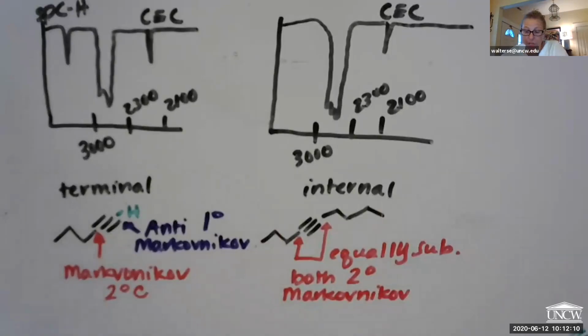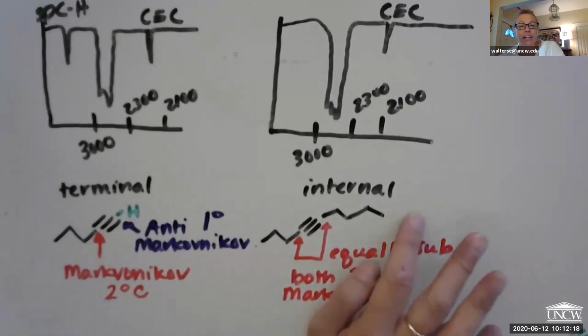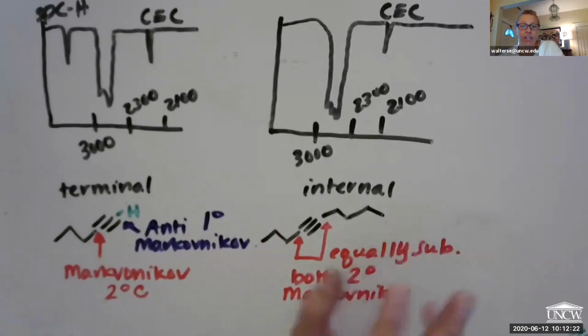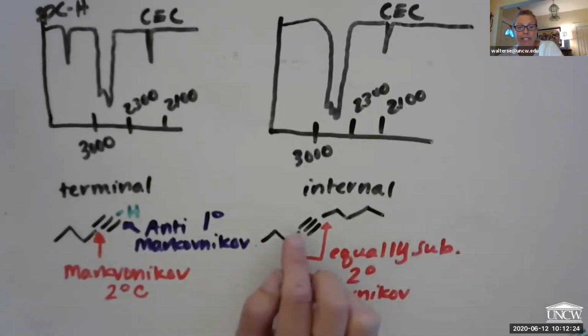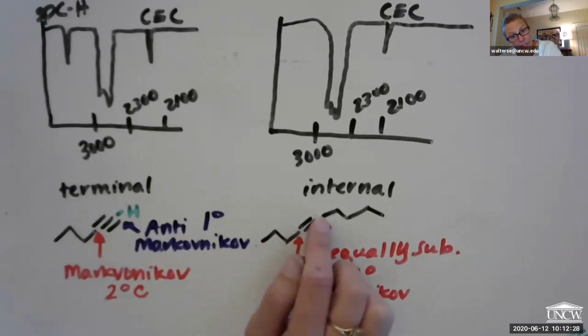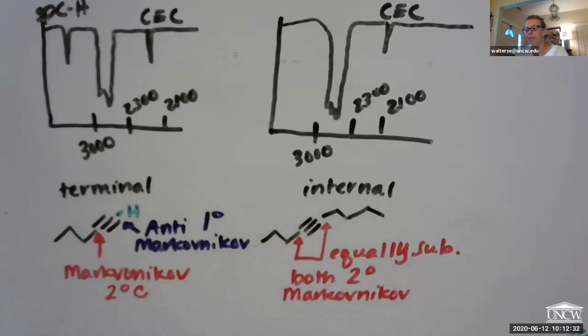You can't distinguish them when you do the synthetic reactions. So if you do a reaction on an internal alkyne that's supposed to follow Markovnikov addition, you're going to get a mixture of products, because some will react on this carbon and some you'll see the reaction occurring more on this carbon. That's a big difference between the alkynes and the alkenes.